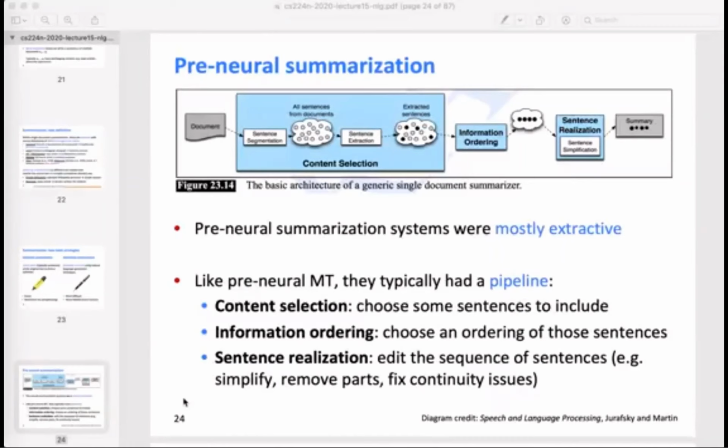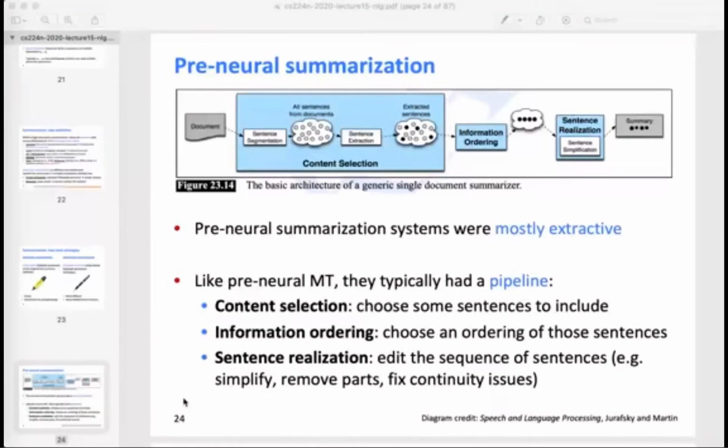Basically, the system edits the sequence of the sentences. For example, it simplifies the sentences, it removes parts that are redundant, and it also fixes continuity issues. One good example is if you're trying to summarize from different documents, after grabbing all the relevant sentences that you want to include, you want to rearrange the sequence so that it makes sense.